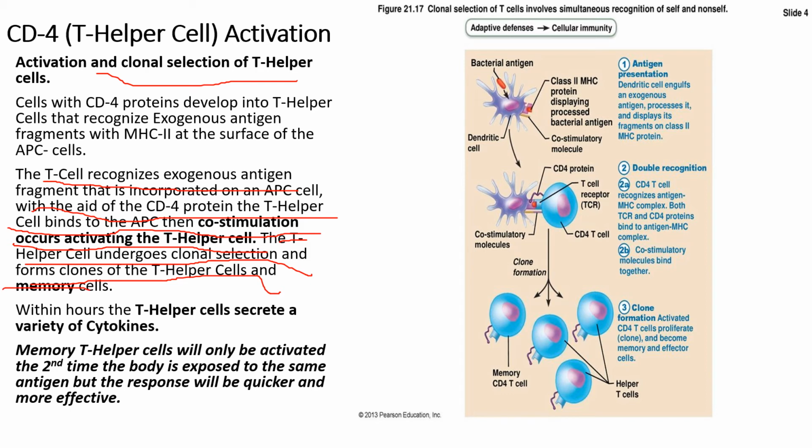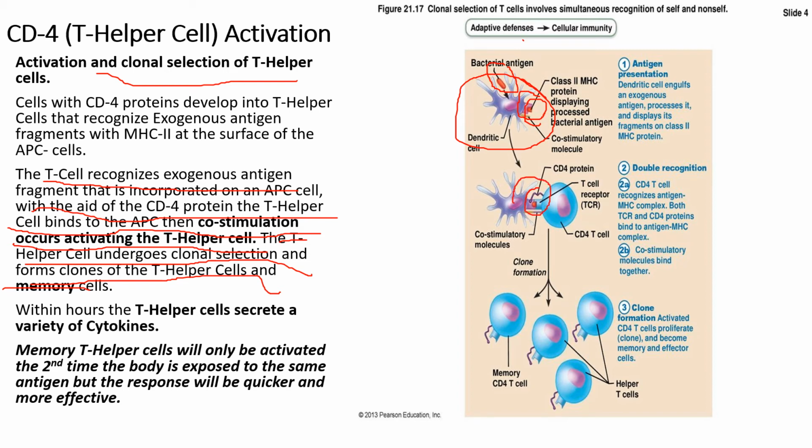So look, here you have a bacterial antigen being engulfed by a dendritic cell, incorporating the class 2 MHC complex on its surface, that's identifying this bad guy. And then it binds with the CD4 protein of the T helper cell.